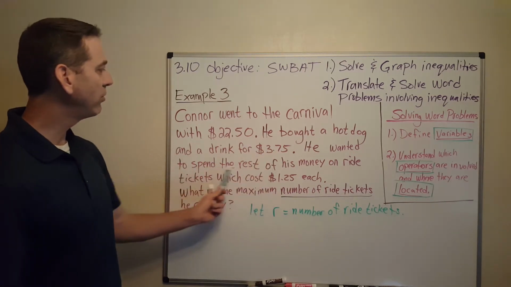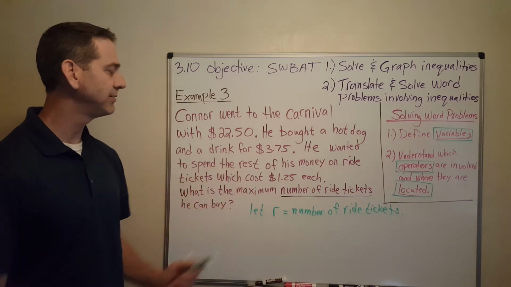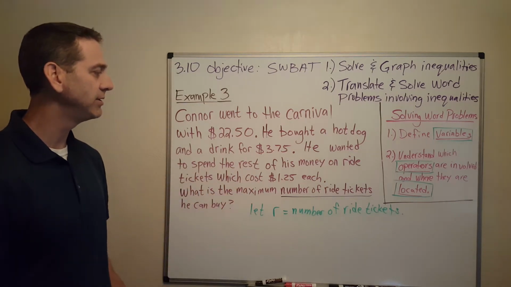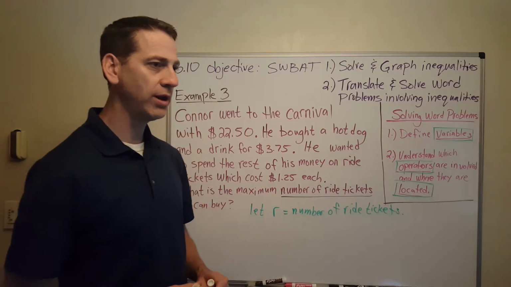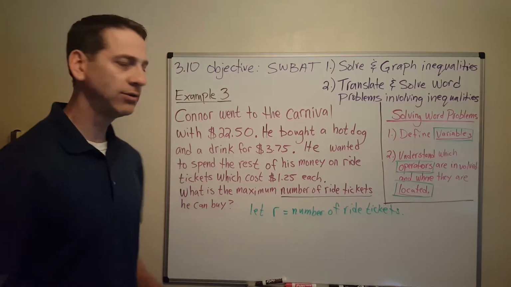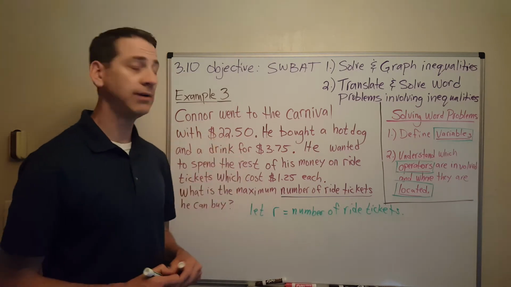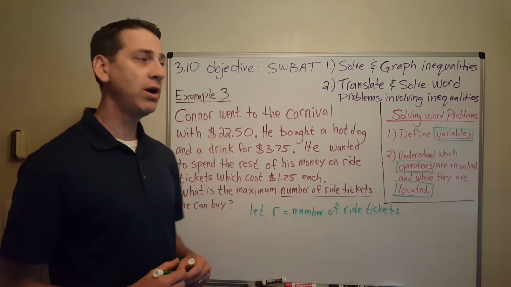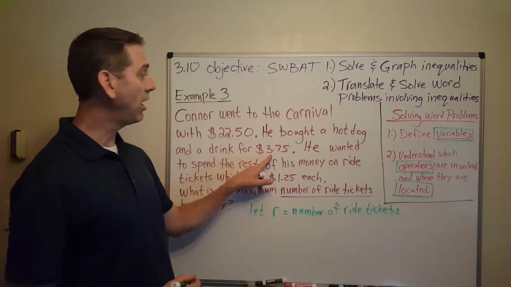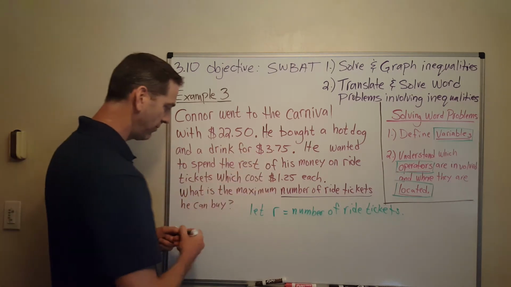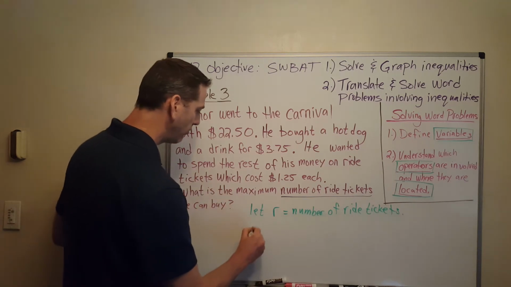He wanted to spend the rest of his money on ride tickets, which cost $1.25 each. So let's break this down before we get into all the numbers. He's got $22.50, and he's going to spend money on food.